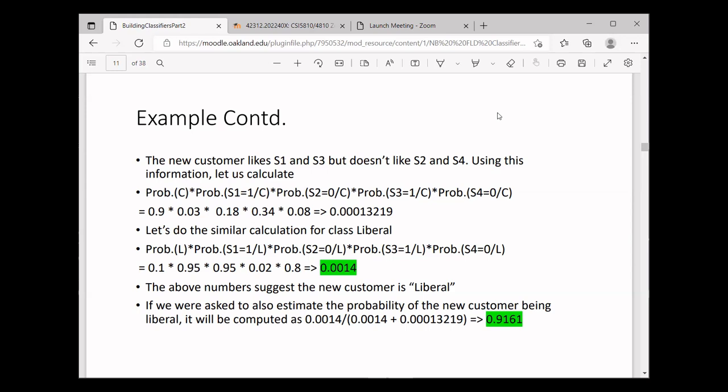Based on that, you make a decision. So this example gives you an idea of how the Bayesian classifier is used and what kind of situations it could very easily be used in.